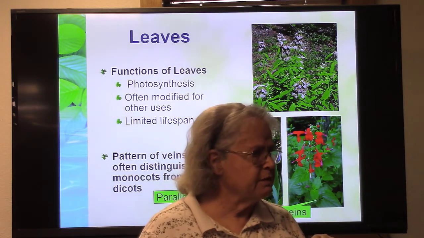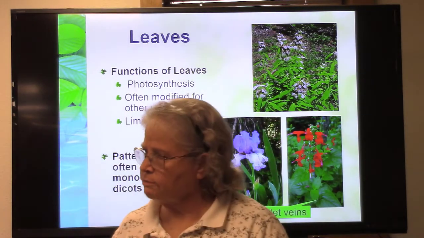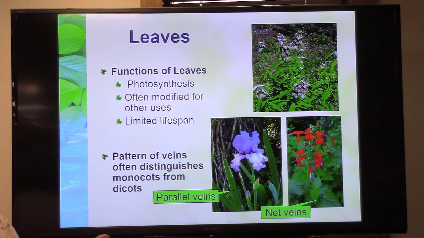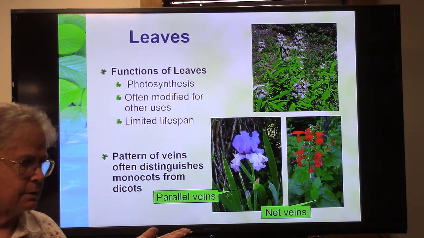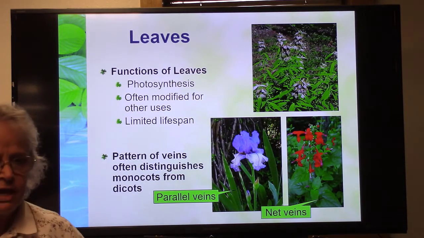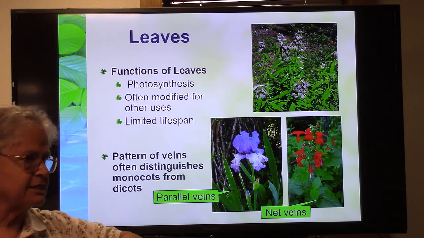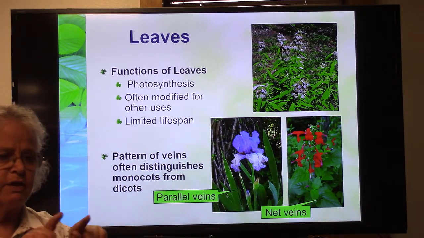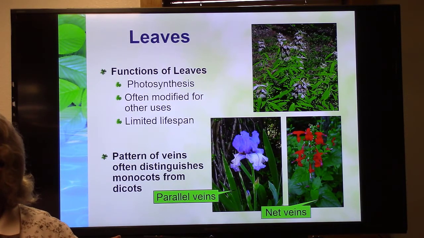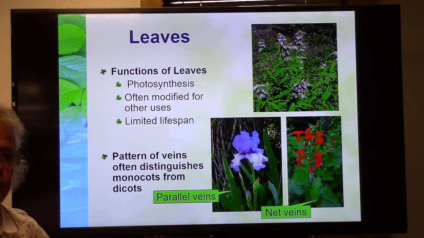Okay. Now look at your 2 dead leaves. You can almost see it better from the back side of the leaf than you can from the front. Do you see different sizes of veins? Yeah. On the red oak, you very definitely see one vein that goes all the way from the base straight out to the tip, and then a whole lot of side branches coming off. What about the sweet gum leaf?